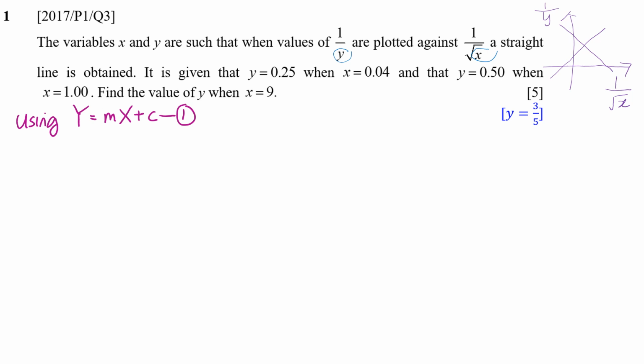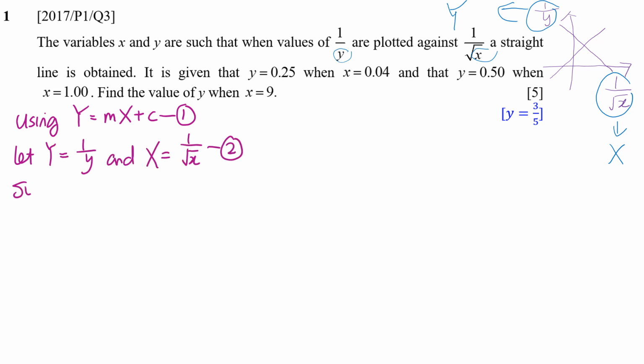Okay, so we are going to replace now. Your uppercase Y is actually this guy here, this is your big Y, this is your big X. So we're going to replace them. All right, so you'll see that we actually have two unknowns there, m and c.